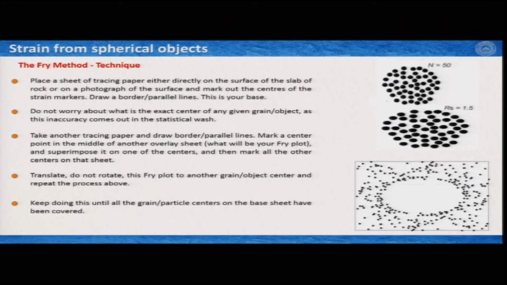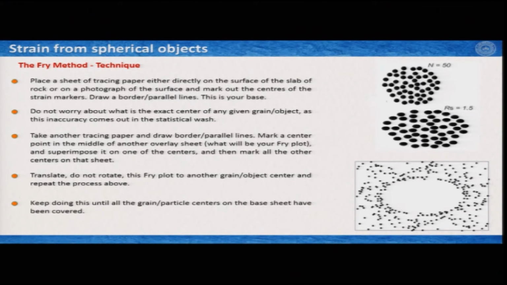First you mark the boundary of this tracing paper, a circular or a square boundary, and then on that tracing paper you mark a dot somewhere, and this is the base. You do not have to worry about where you put the center or the dots, because it would be done statistically. The method is a statistical method, so it will be taken care of by itself.